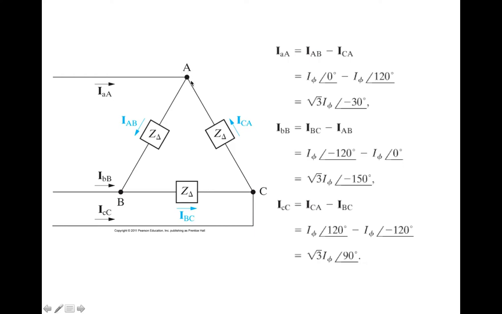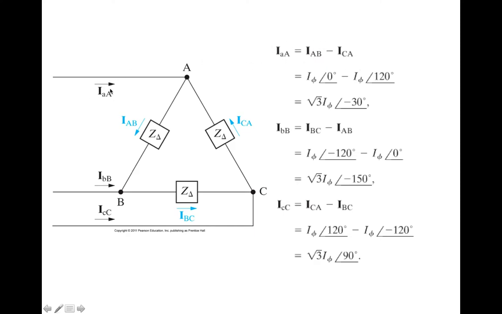So at node A, we see that current I little a, big A, is basically equal to IAB minus ICA, and so on for the other two nodes. That gives us these relationships.